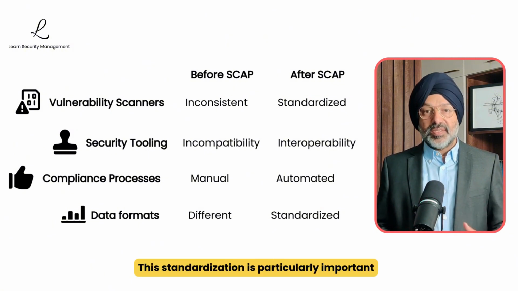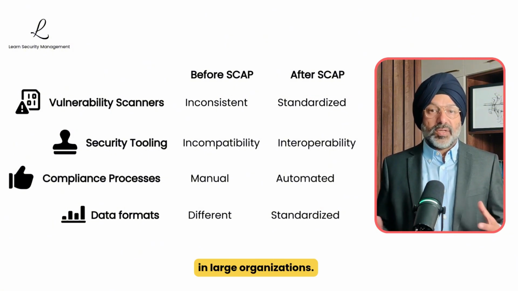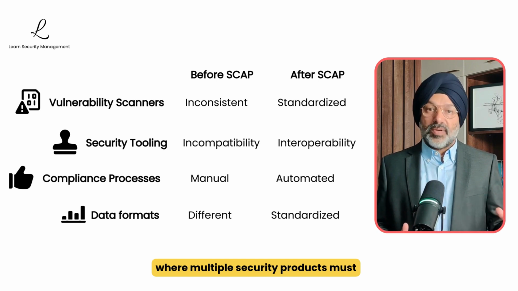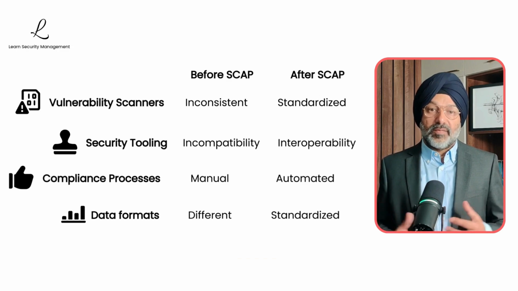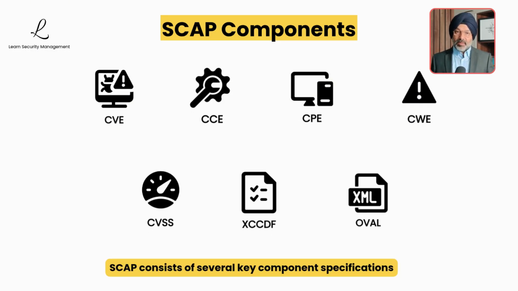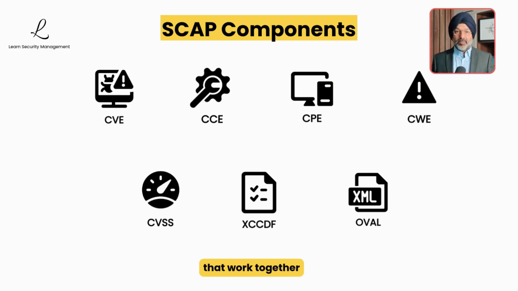This standardization is particularly important in large organizations where multiple security products must integrate seamlessly to provide comprehensive coverage. SCAP consists of several key component specifications that work together to enable security automation. Each SCAP component serves a specific purpose in the overall framework.